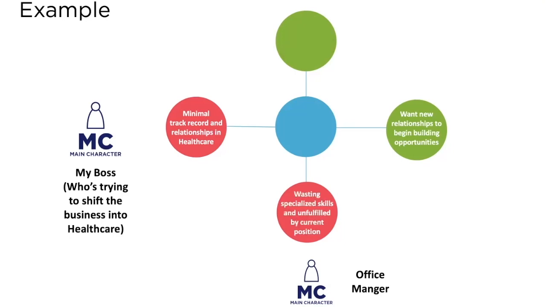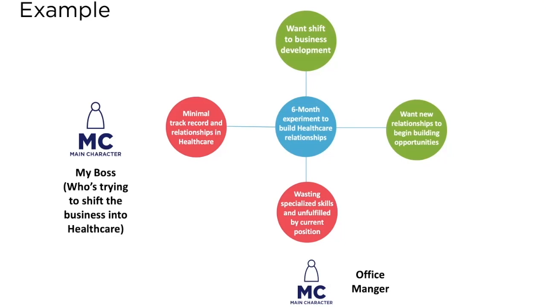The office manager was a little bit unfulfilled by their current position managing an office. What they really wanted to do is be in business development. So, hey, boss, give me 6 months and I'm going to prove that I can build business. And I'm going to bring you the relationships and some business development opportunities in healthcare.